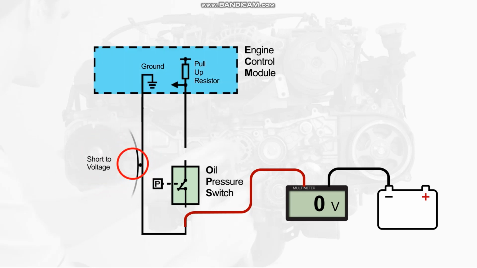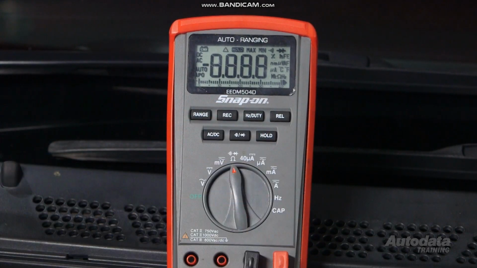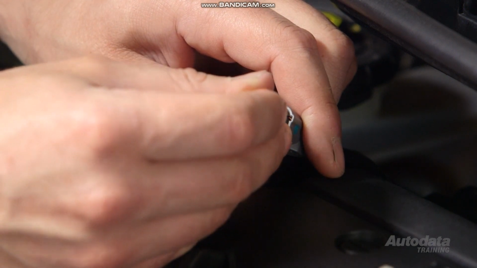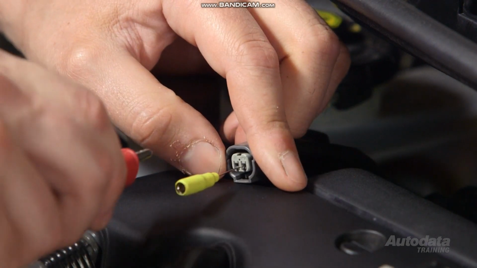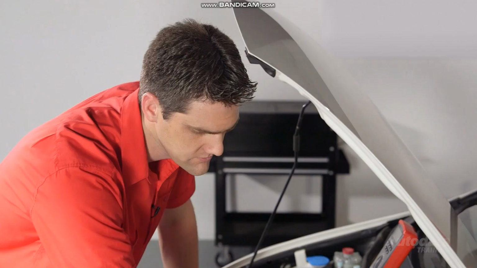To test the harness, set the multimeter to ohms and check for continuity between the low reference terminal at the sensor harness connector and each terminal on the ECM connector. If there is no fault found here, the ECM will have an internal short to voltage.